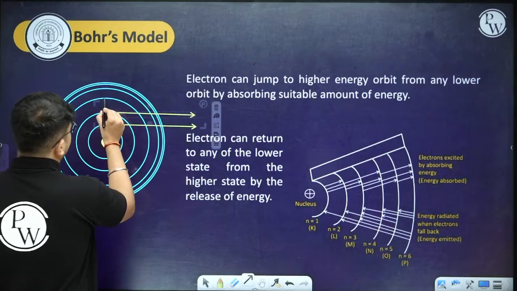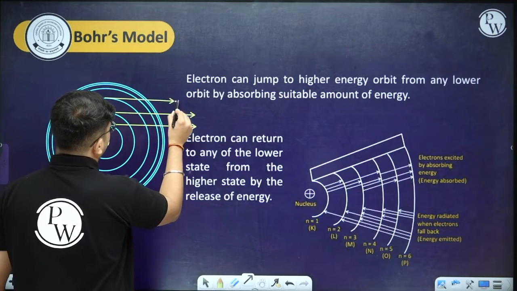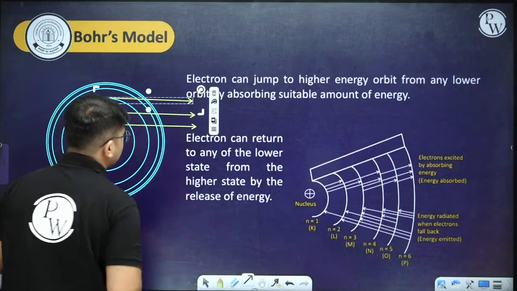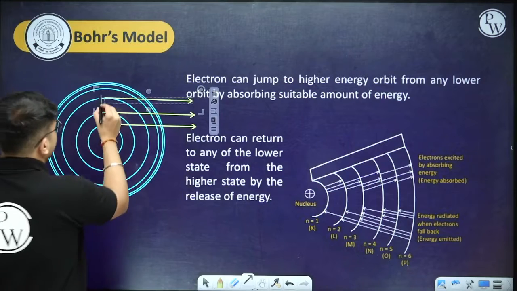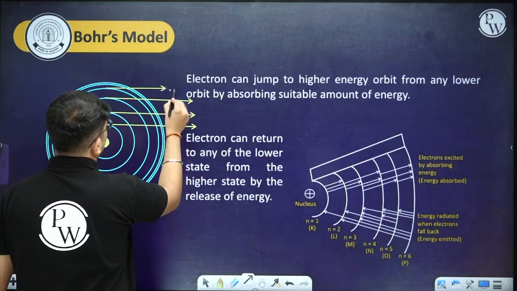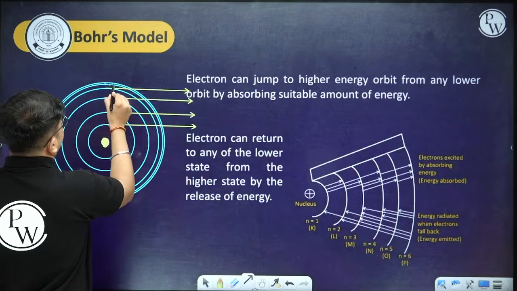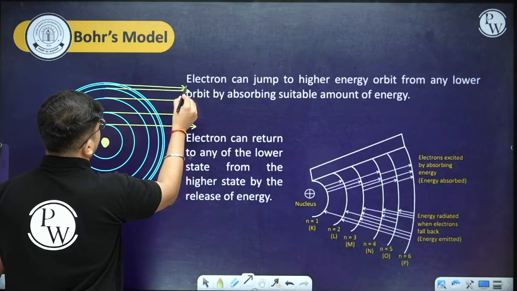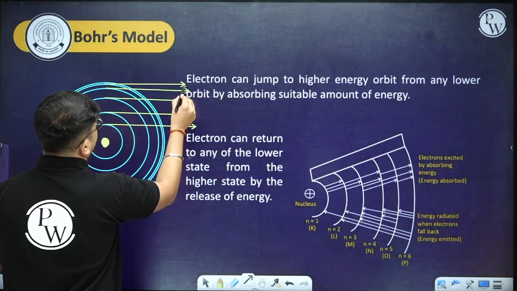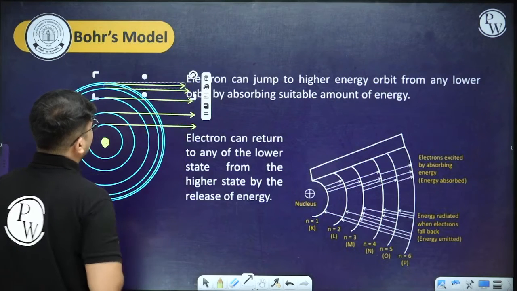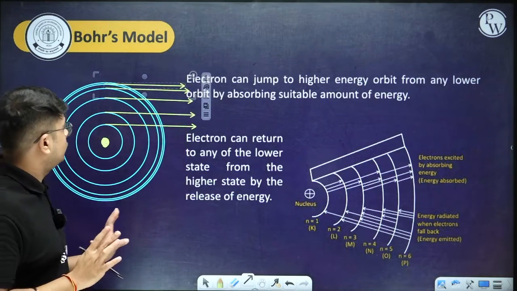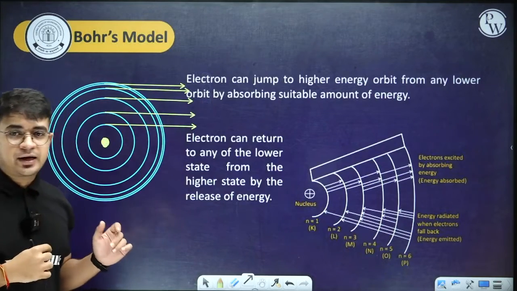This point corresponds to n is equal to 3. This point corresponds to n is equal to 4. This point corresponds to n is equal to 5. This is the thing which I am trying to explain.